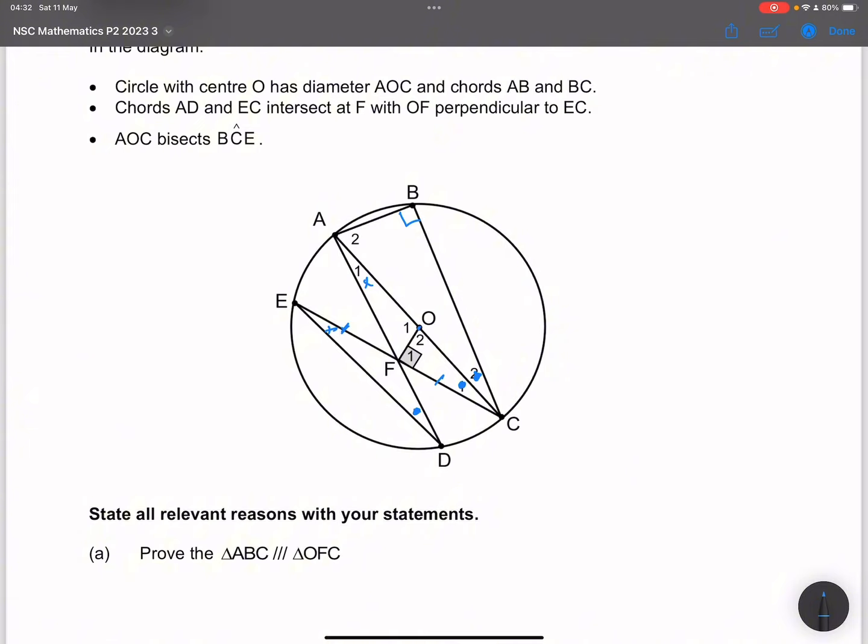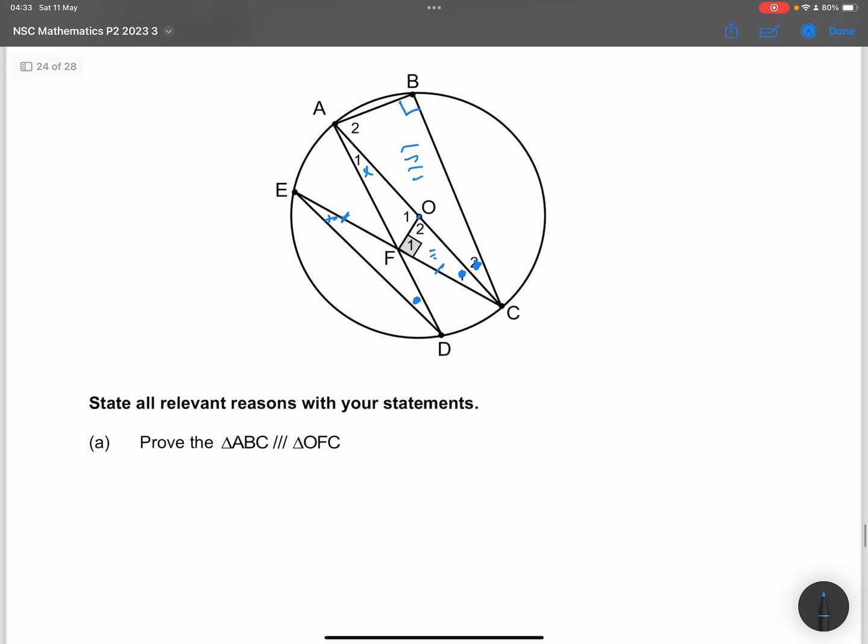They say prove that triangle ABC, the big triangle there, is similar to triangle OFC. I can see how they can be similar. Now look at the first thing. We know that angle F1 is equal to 90 degrees.